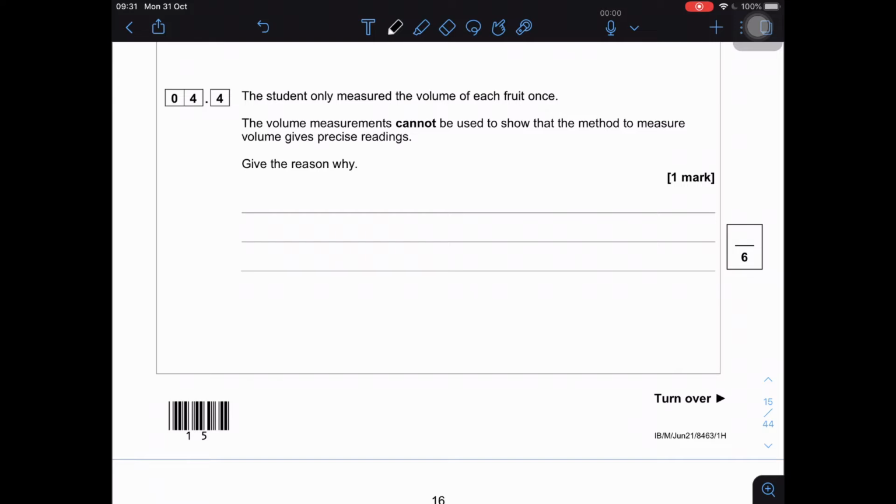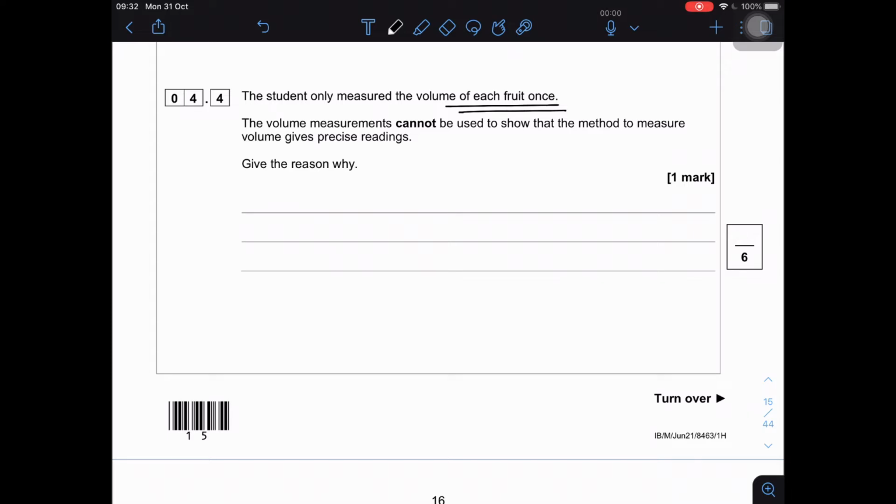4.4. The student only measured the volume of each fruit once. The volume measurements cannot be used to show that the method to measure volume gives precise readings. Give the reason why. So this guy measured only one time. Anytime you're doing an experiment, you need to do repeat readings.